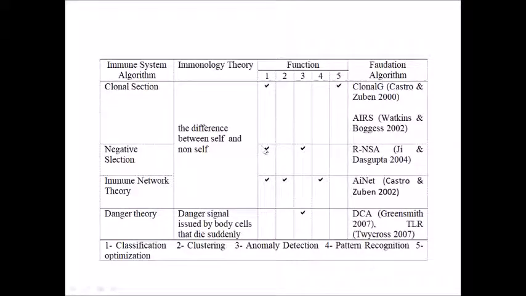Negative selection is used for classification and also anomaly detection. Immune network theory is normally used for classification, clustering, and also pattern recognition. And danger theory is used for anomaly detection. So this is the foundation algorithm.